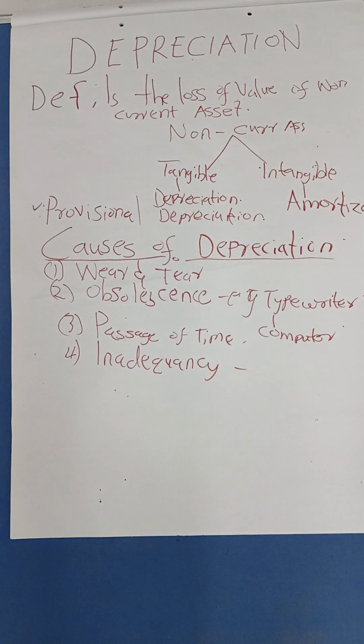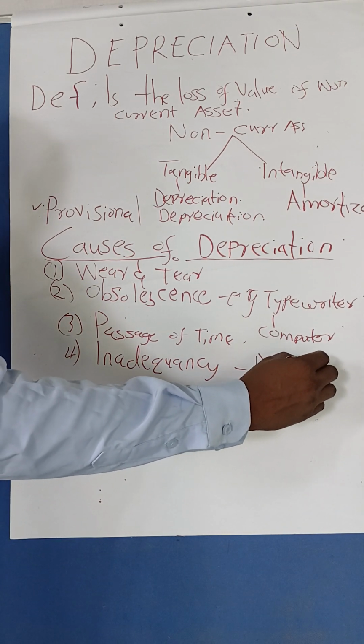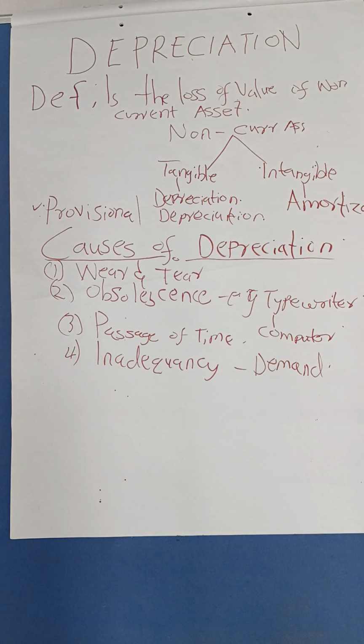So that is what we call inadequacy. Here it's just a matter of demand. For those who have attended my class of demand and supply, that is microeconomics, you can understand this more in regards to demand or equilibrium.